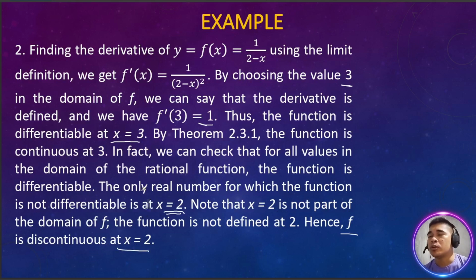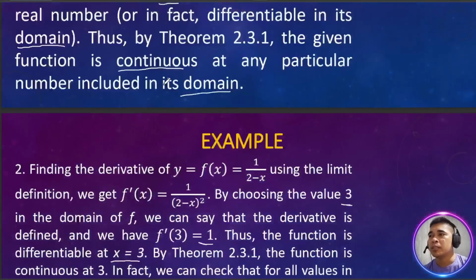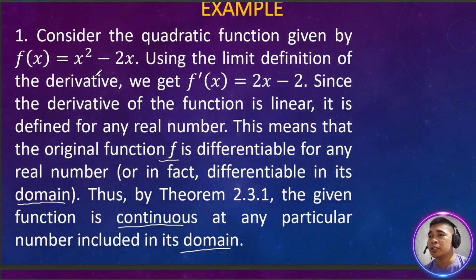Right? So comparing example number 1 and example number 2, we can say that here there is a point at which the function is not differentiable. But in example number 1, the given function is continuous at any number in its domain.